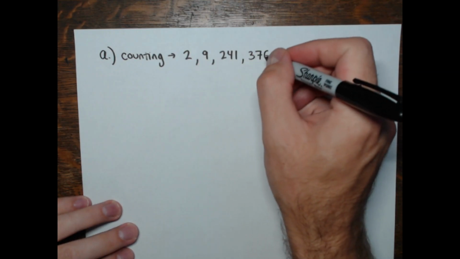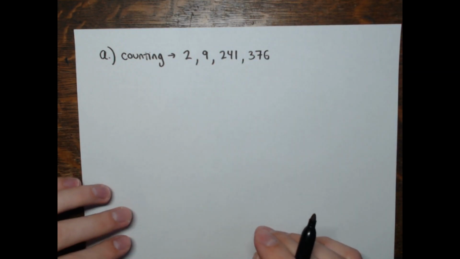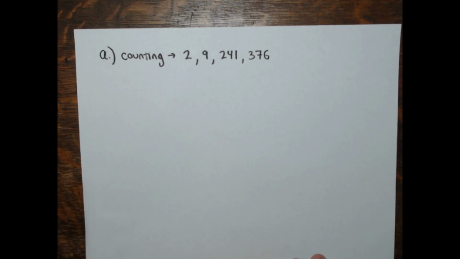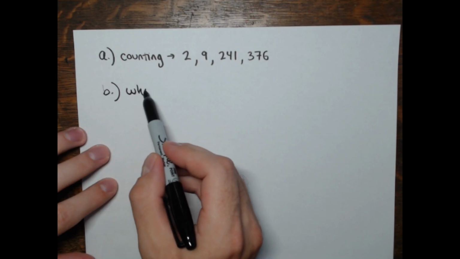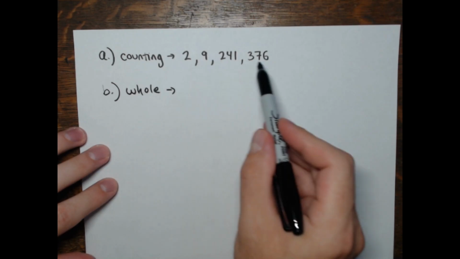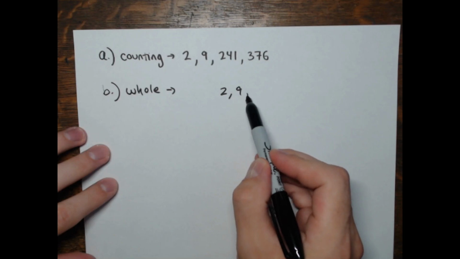Again, these are not fractions. They don't have a decimal point with some other number after a decimal point. So they're counting numbers, right? And therefore they're also whole, right? Part B was, what are the whole numbers? Well, all these are in this list as well.